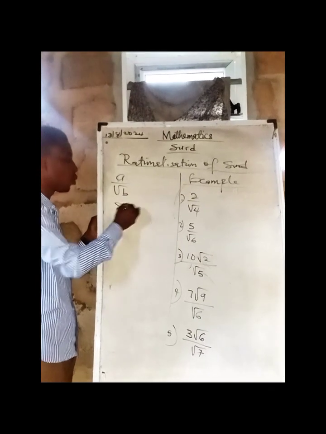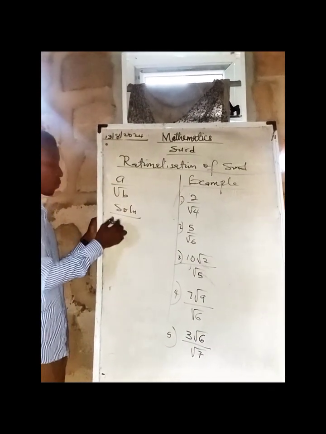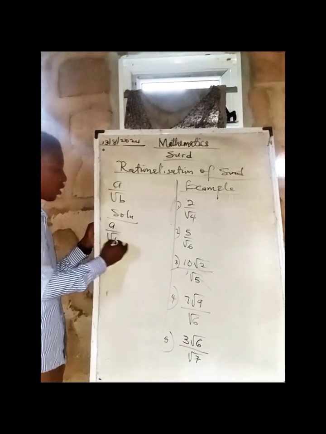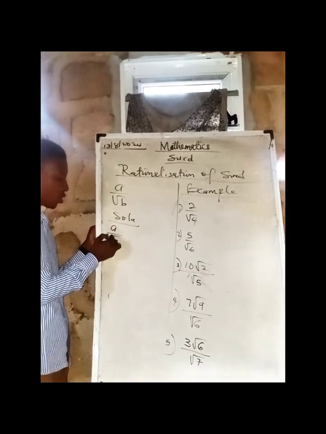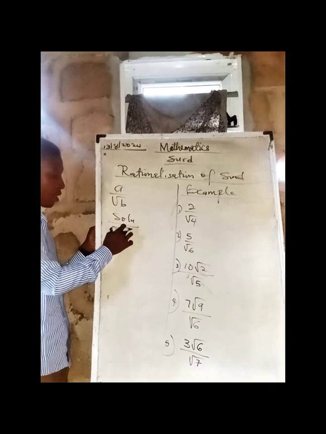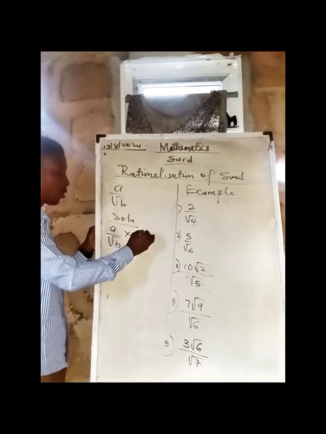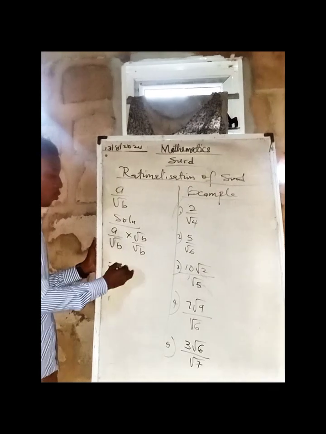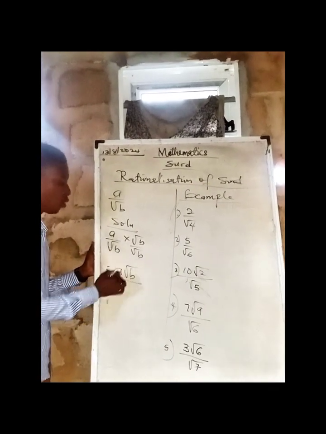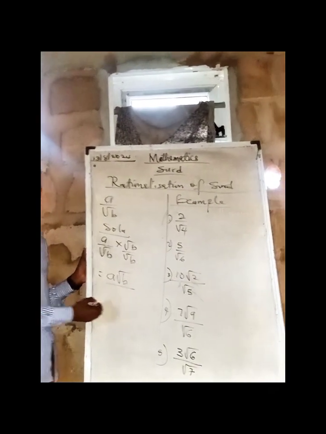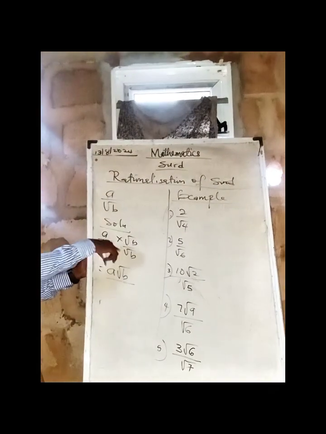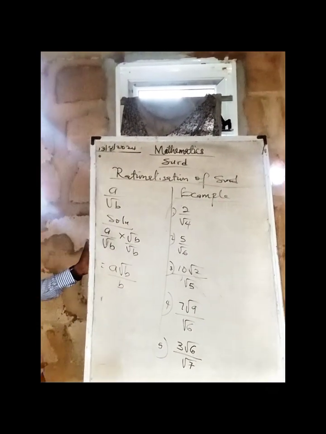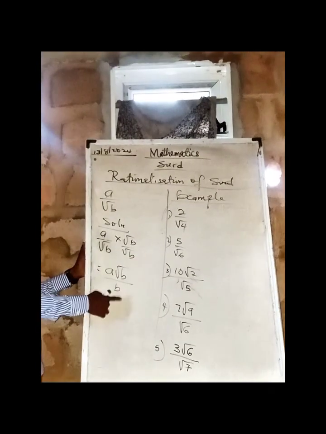So A over root B, multiplied by surd B over surd B. This is going to give you A surd B all over surd B times surd B, which is the same thing as surd B squared, which is going to give you B.